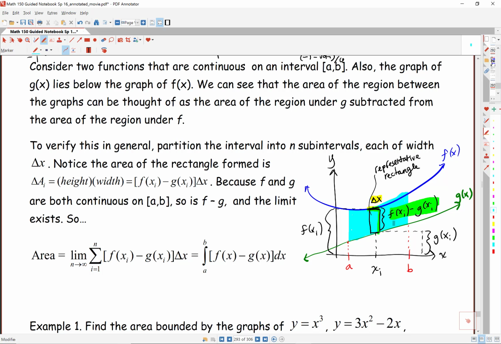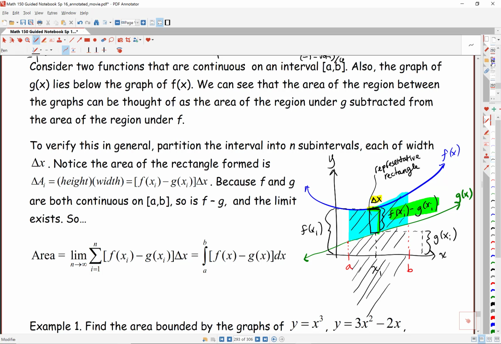The concept behind it is, if you do hash marks for all of the area under the graph of f that's still bound between a and b, it would just go on and on unless you have something being subtracted out from it. So what we do then is subtract out the bottommost graph area.